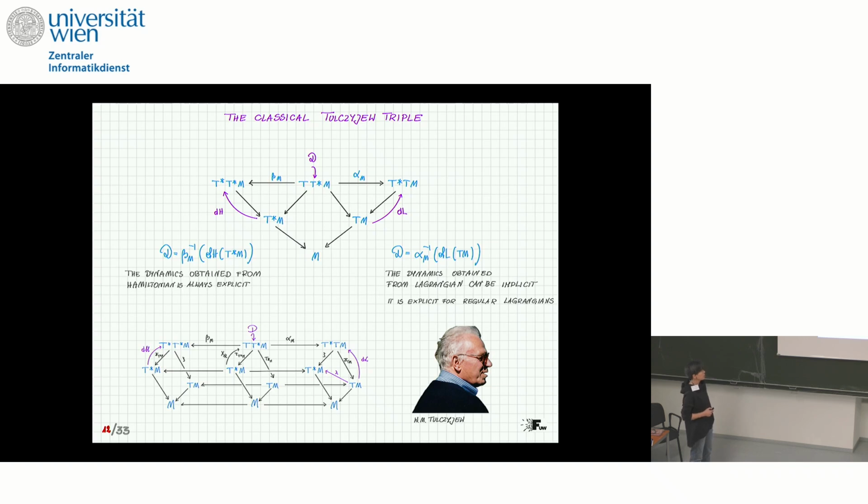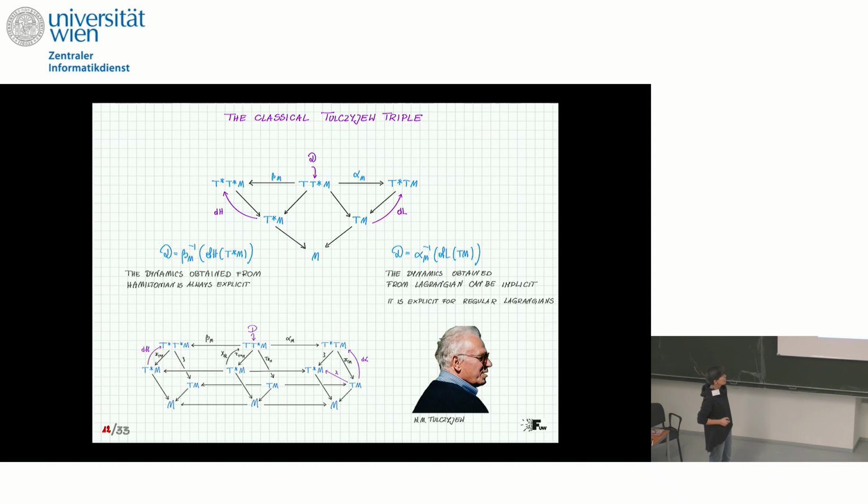Starting from a Hamiltonian, we always have an explicit dynamics, in the sense that this subset is an image of some vector field, the Hamiltonian vector field. If we start from a Lagrangian, sometimes we can obtain implicit dynamics. It is explicit for regular Lagrangians, and we can see it here on this picture.